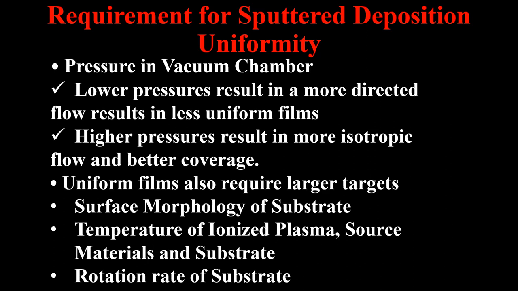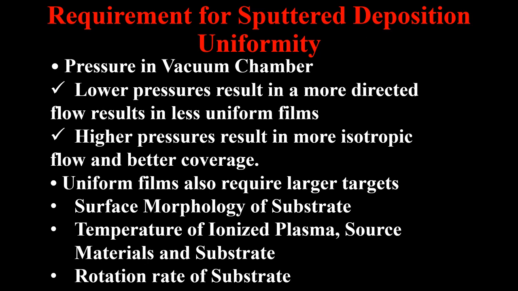And also the uniformity of the deposition depends on the rotation of the substrate. Dear student, as I initially explained the simple schematic of the sputtering device, I have not explained the importance of rotation in that image. You can check that slide.